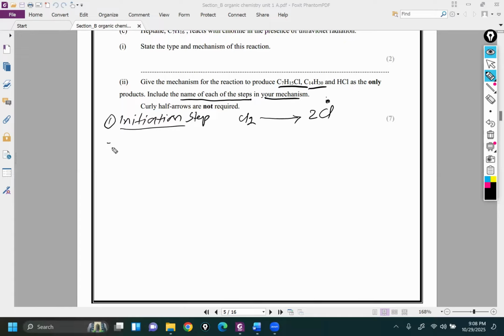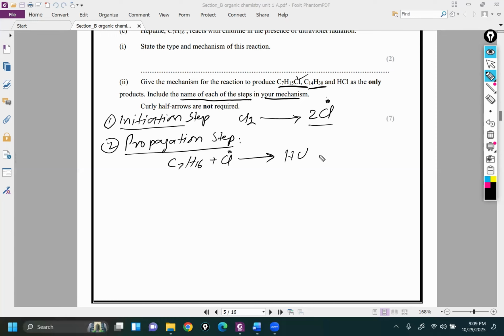Now, let's come to the second step, which is the propagation step. We have to reach this product. So see here, chlorine free radical is produced, which is highly reactive. Now, in the first equation this chlorine free radical will react with this. It will snatch one hydrogen to become HCl. What's left behind?